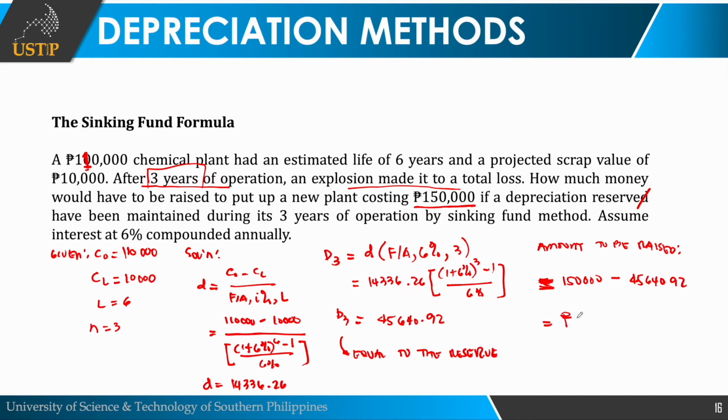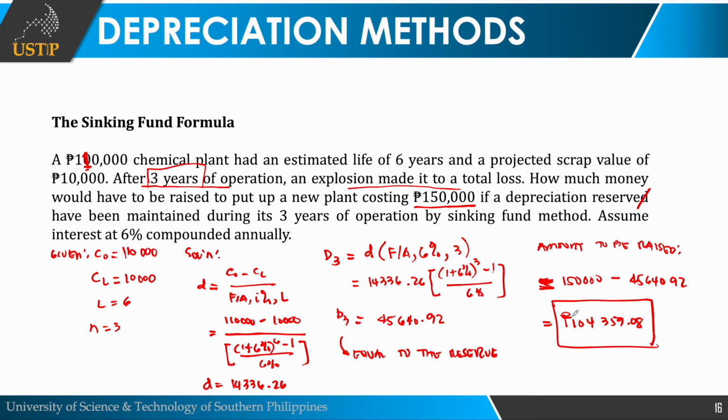So, the answer is 104,359.08. Okay? So, that is the money that is still lacking. Alright, that's it for the sinking fund formula.